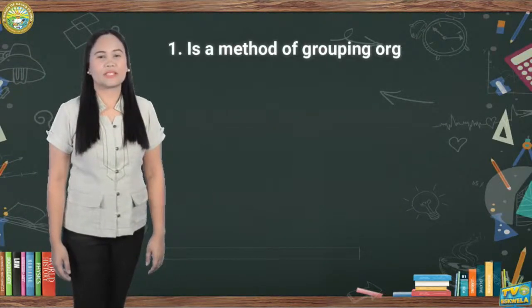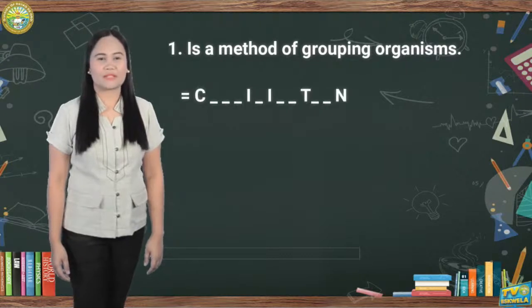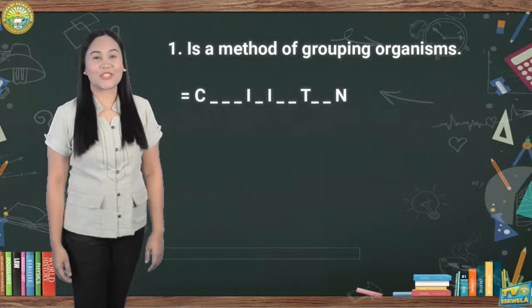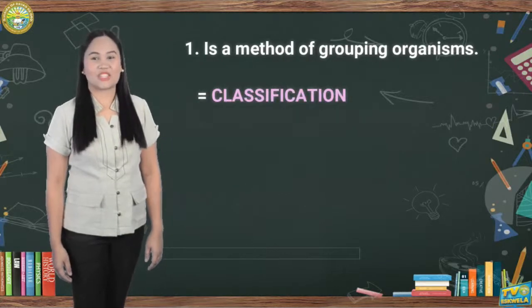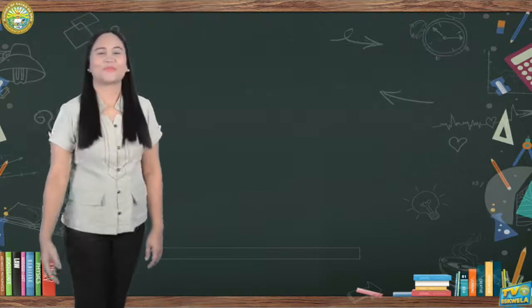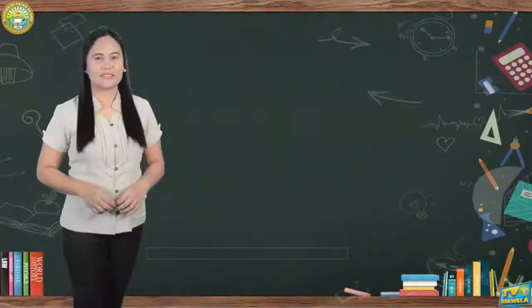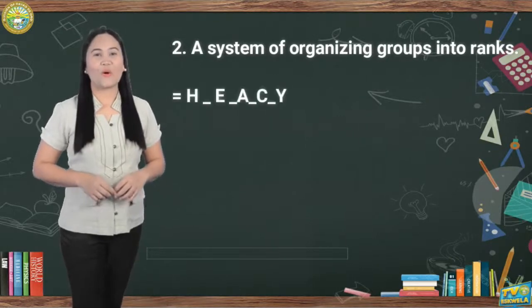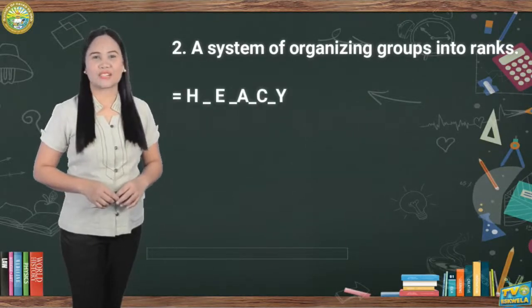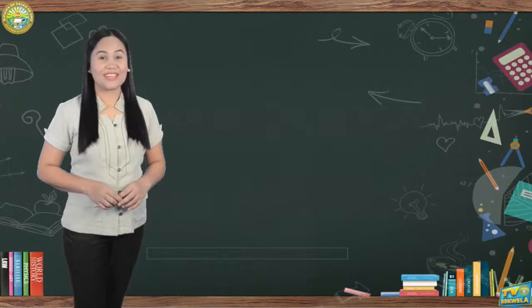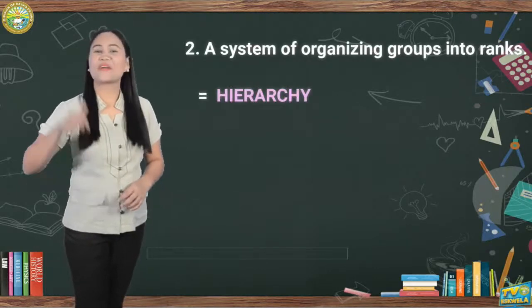It is a method of grouping organisms. Correct answer is classification. Did you get it right? Let's continue. Number 2. It is a system of organizing groups into ranks. Correct answer must be hierarchy. Very good.